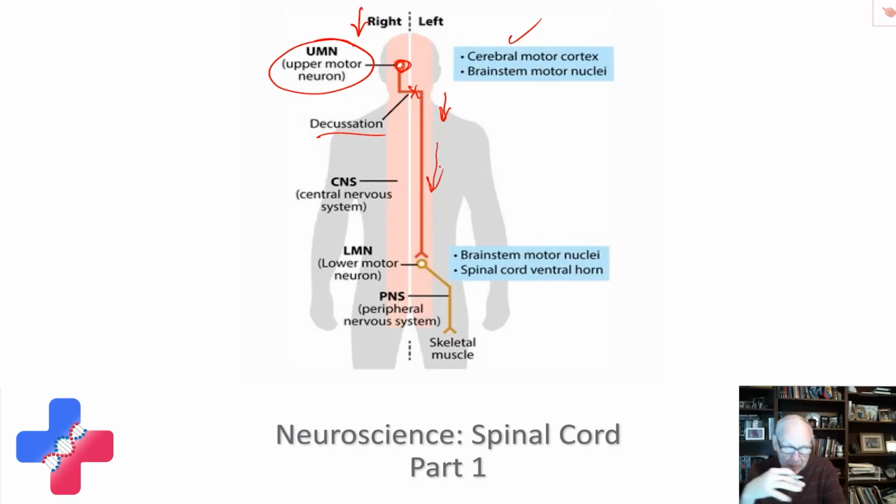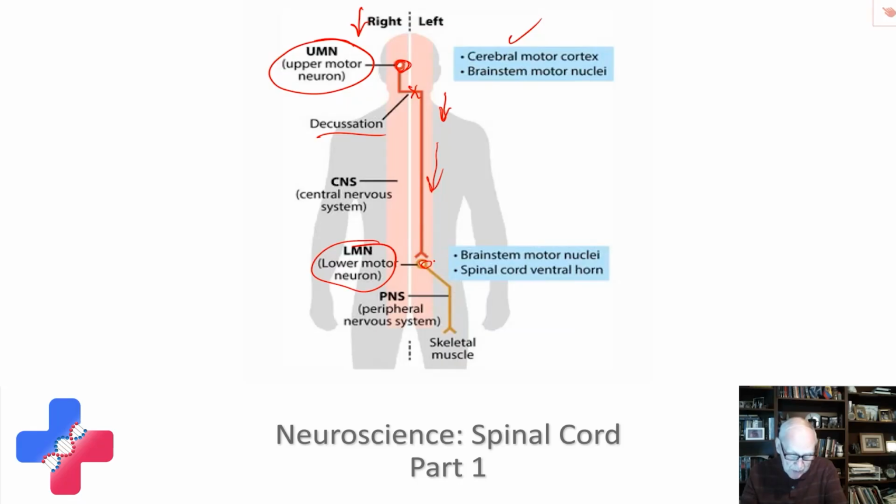And what's going to happen somewhere in the system, it has to locate and synapse with the lower motor neurons. Now notice the lower motor neurons, here's the circle for its cell body, is going to be somewhere in the central nervous system. But notice this, the lower motor neuron's axon leaves the central nervous system and becomes a peripheral nerve.